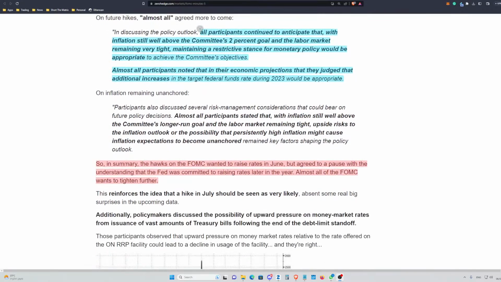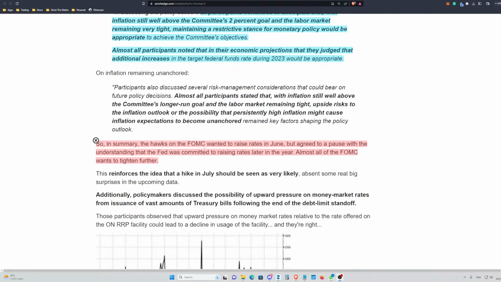So if we continue, in summary, the hawks on the FOMC wanted to raise rates in June, but agreed to a pause with the understanding that the Fed was committed to raising rates later in the year. Almost all of the FOMC wants to tighten further, meaning the Fed is hawkish. They are looking to raise and hike rates this year.